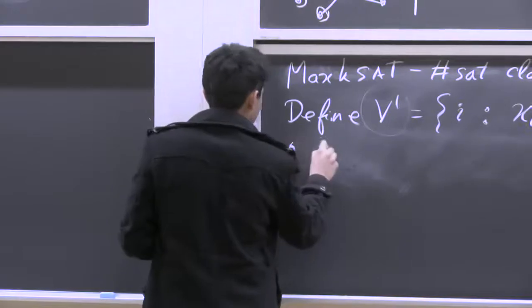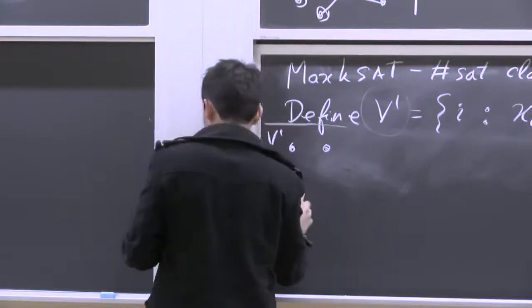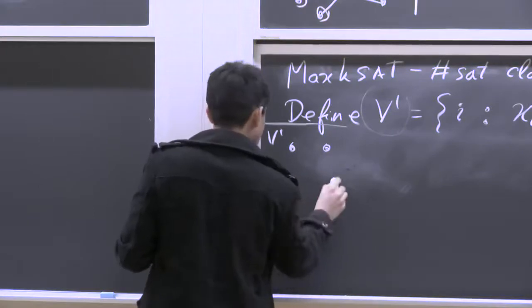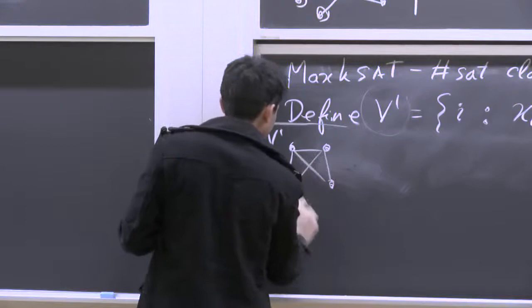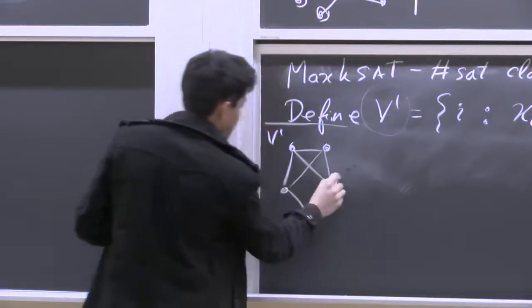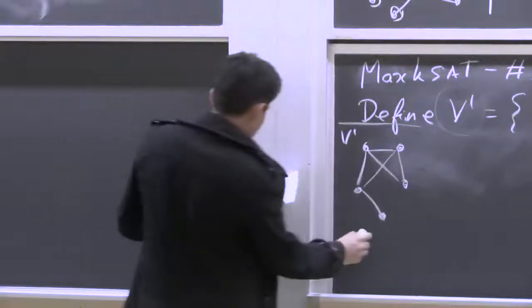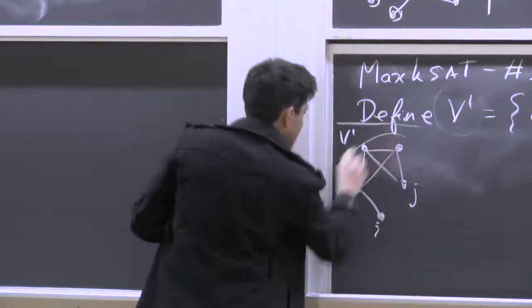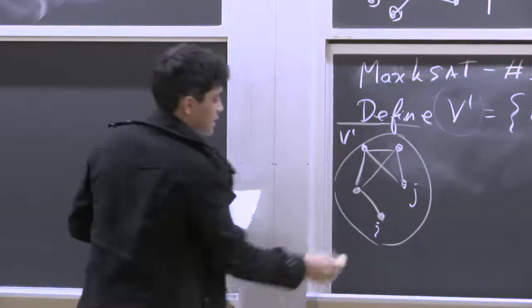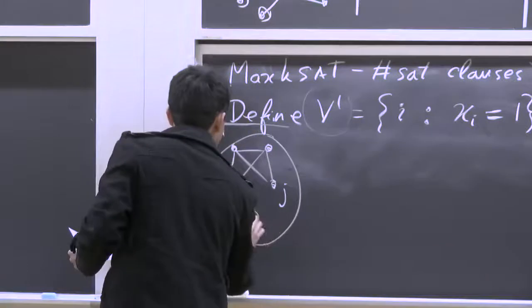It could be something like, let's say this is the current v dash. You have all these vertices, and let's say some of them are connected, but then you have this dangling guy. This is not connected, so it's not a clique. Let's say this is vertex i, and this is vertex j, and this whole thing is v dash. And let's say somehow you have this anomaly, that this guy is not connected to all the vertices.